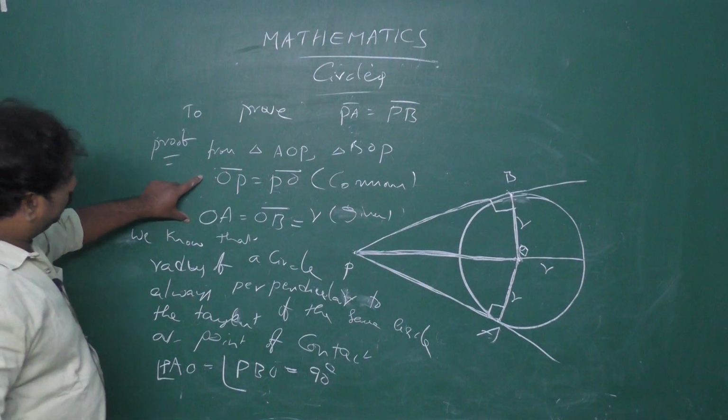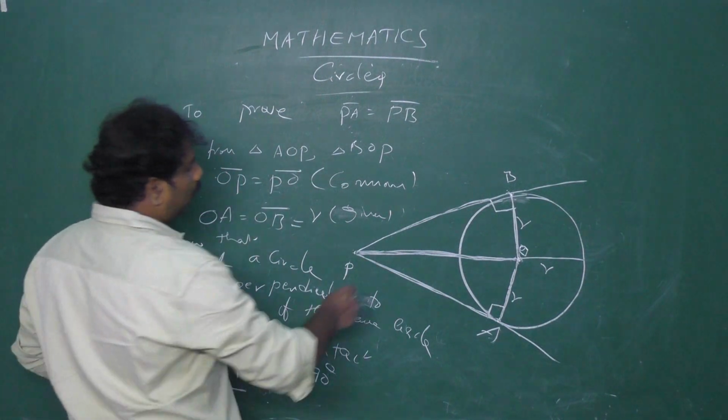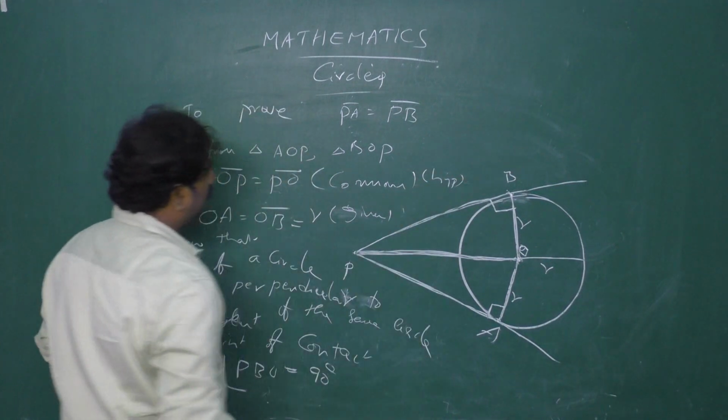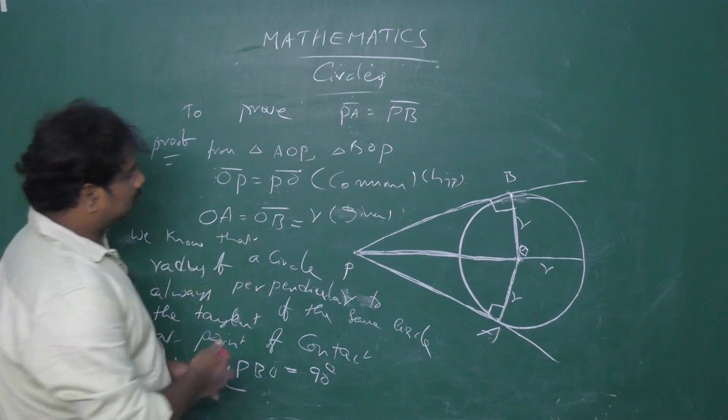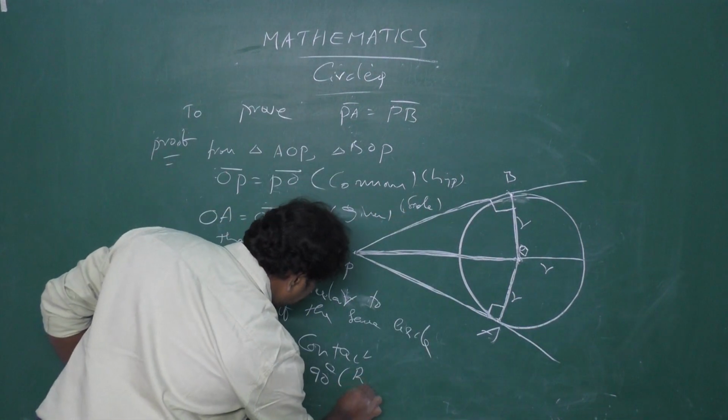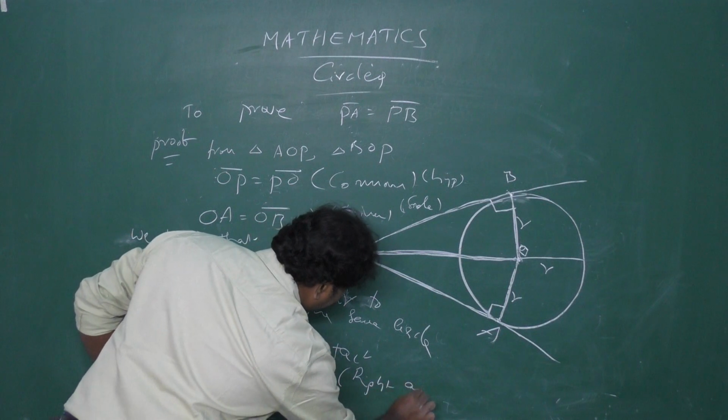So from these three, OP is equal to OP. Now this is a right angle triangle, so this will be the hypotenuse. And this is OA, OB, the side of the right angle. And this is the right angle.